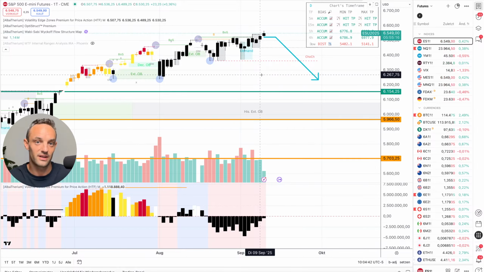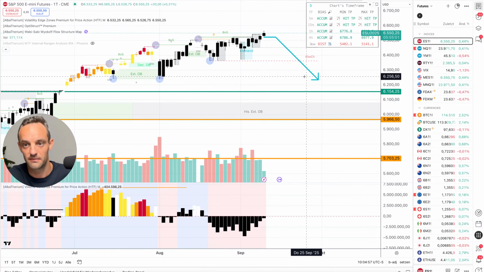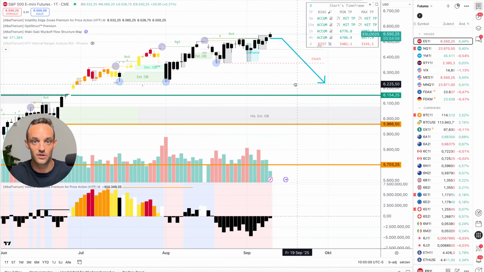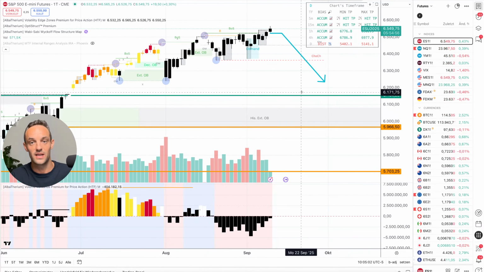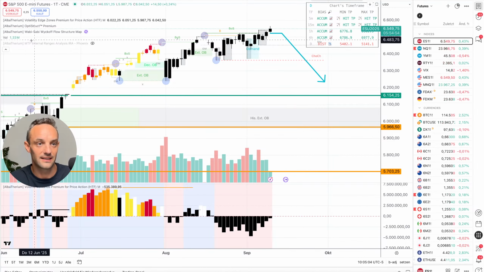You can transfer this knowledge to all the other markets like Bitcoin, currencies, or whatever you like to trade. The most important thing is it should be a stock exchange traded market, no artificial products, with real volume analysis.